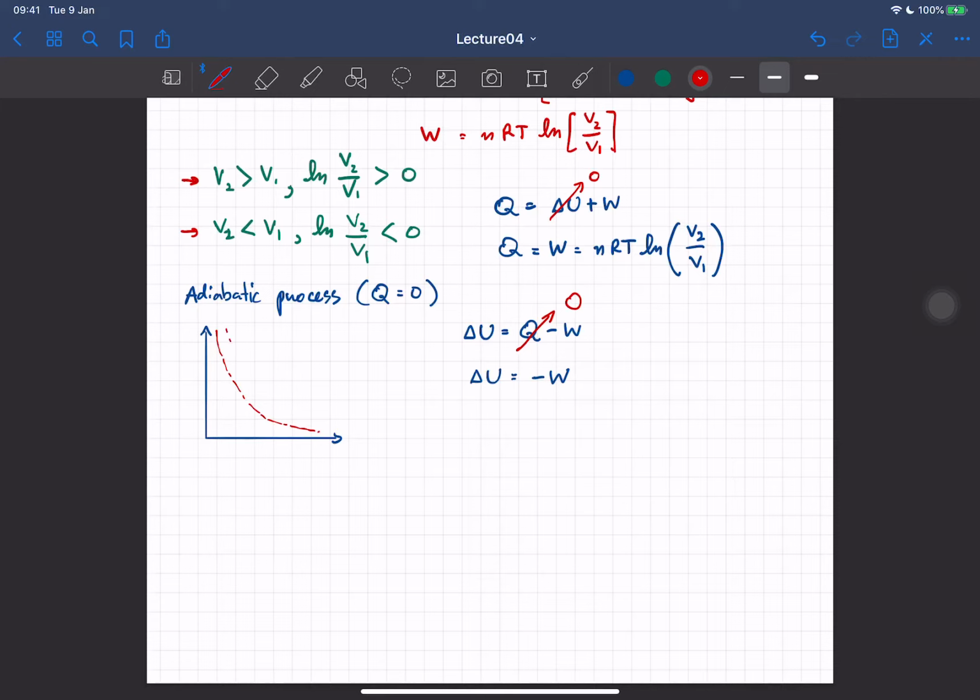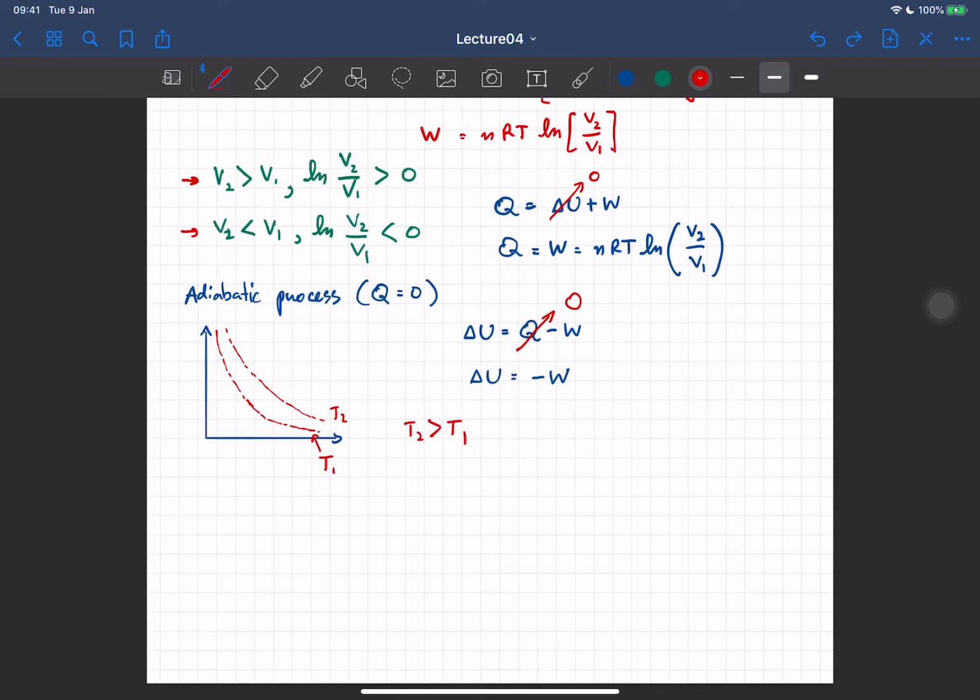So remember, these two are just two hyperbolas with different temperatures. Which one is higher temperature? The one further away is higher. So T2 here and T1 here. Okay, so T2 is larger than T1.